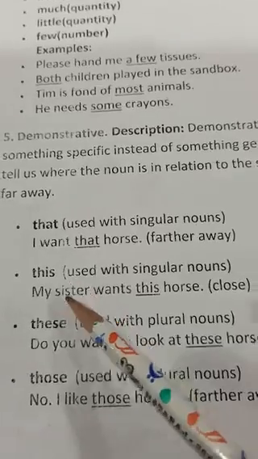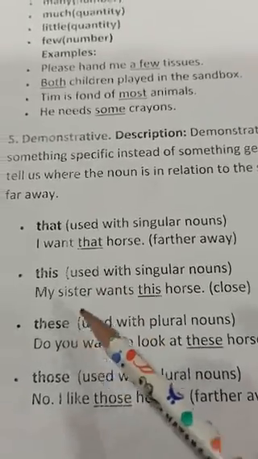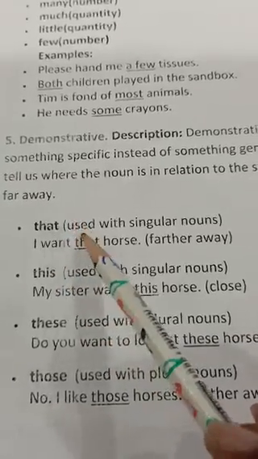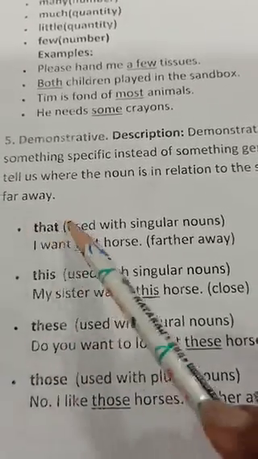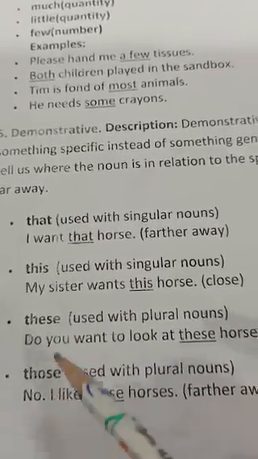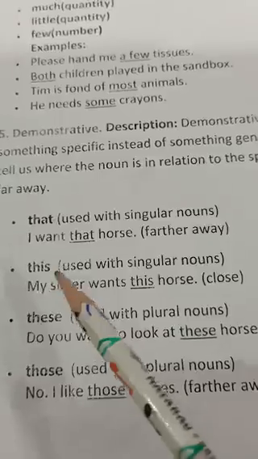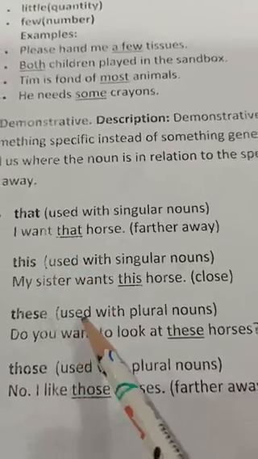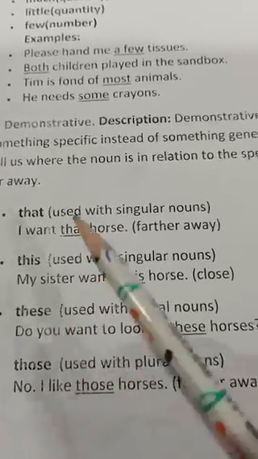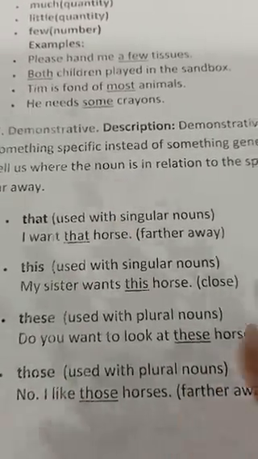This and these are used for things which are close to you. Remember this. First difference: this, that reflect a singular noun, these, those are used for plural nouns. Next difference: this and these mean things which are closer to you, in front of you. That, those mean things which are further away from you.